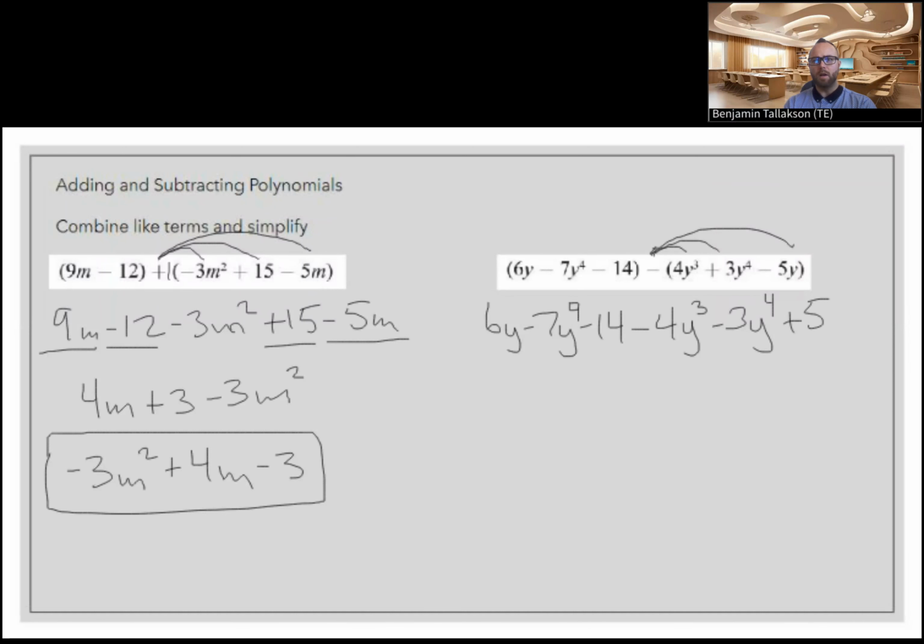Same signs positive. And this time I'm going to start with the highest power to just save myself a step. So I have like terms of negative 7y to the 4th, negative 3y to the 4th, so negative 11y to the 4th. What's next? Y to the 3rd. This is all by itself, so we'll write it there.